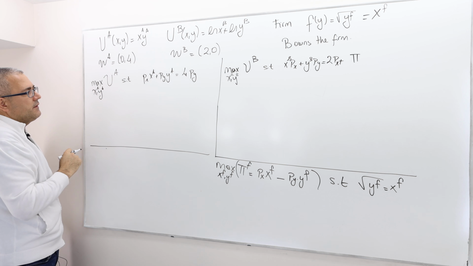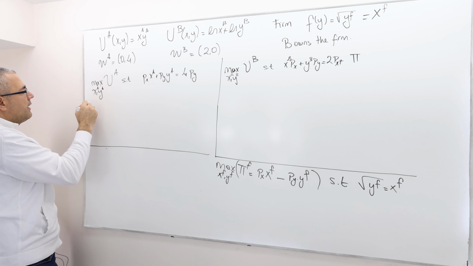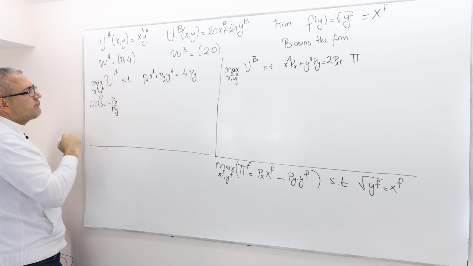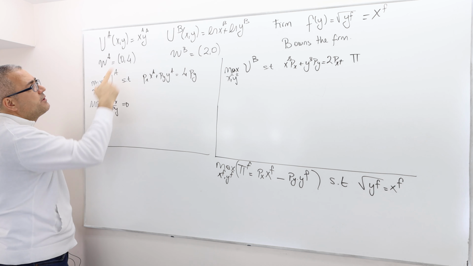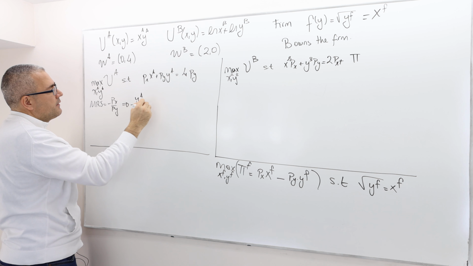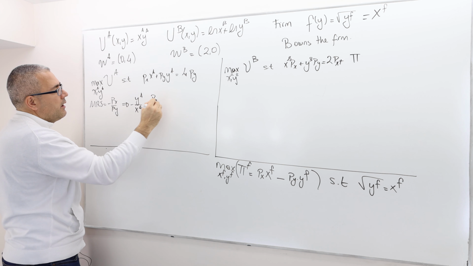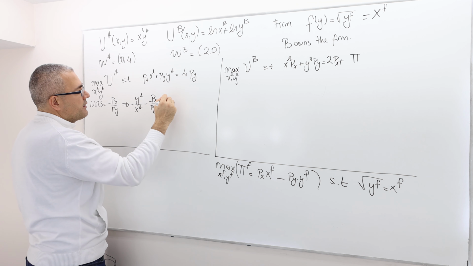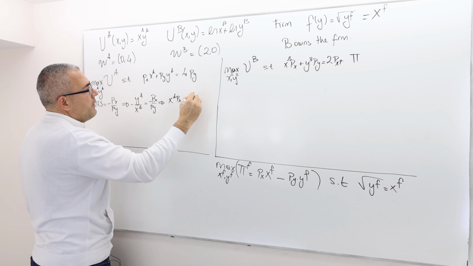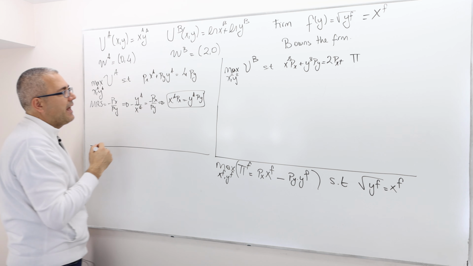So how do we solve each one of those? Again, marginal rate of substitution equals minus price ratio. The marginal rate of substitution here is just YA divided by XA, equal to minus PX over PY. So if you do the cross product, it's going to be XA PX equals YA PY. All right, we already had this.